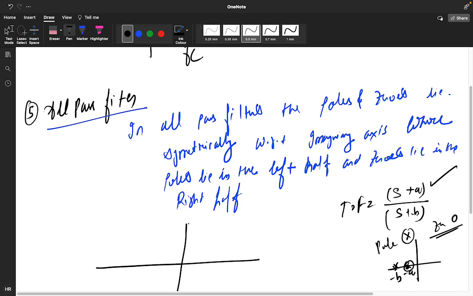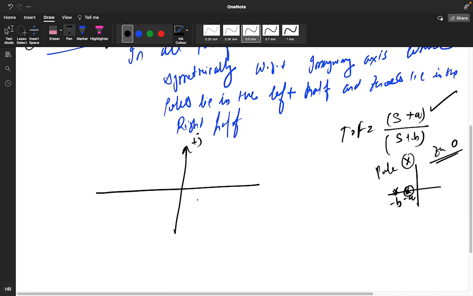This particular is your imaginary axis, plus j, minus j. So whatever poles you are getting, suppose you are getting a pole at minus a. So your zero should be the mirror image of this. So you will get a zero at a.